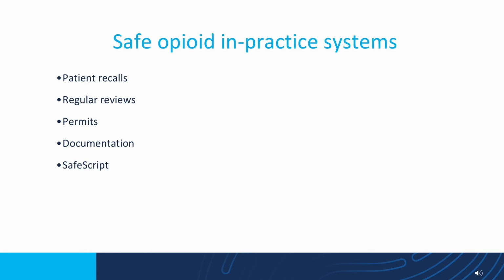You might want to have patient recalls, so have a list of patients on opioids, come back to that list regularly and see where they're at. Regular reviews. You might want to use permits for these patients so you've got some structure around things. And of course I've mentioned safe documentation. Have some policies of your practice. I'm sure you have this already. Have a look at your policies, update your policies, refresh your policies. Use parts of this lecture in terms of updating your policies.